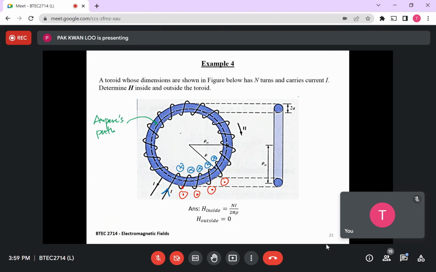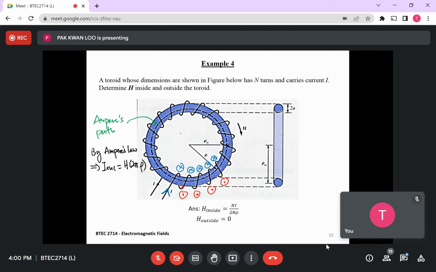By Ampere's law, how many current elements are enclosed? I enclosed is equal to H times 2 pi rho, where rho is the radius.